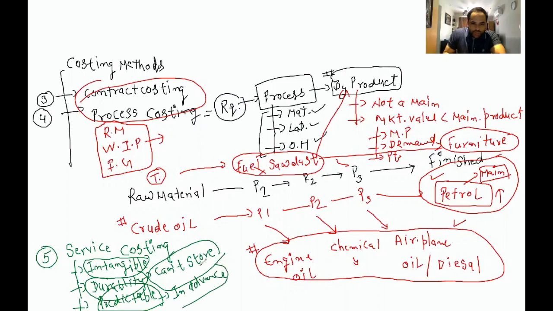You don't have the opportunity to check whether the service is good or bad. For example, you go to buy a mobile phone, which is tangible in nature. Before you buy it, you check it and test it in advance. If everything is good, you will buy it.